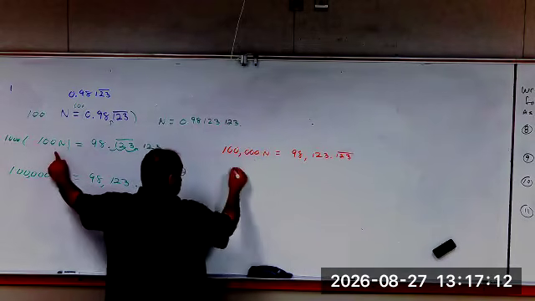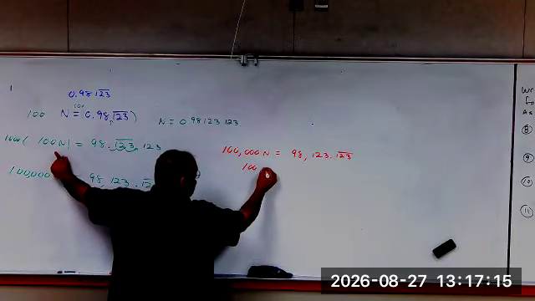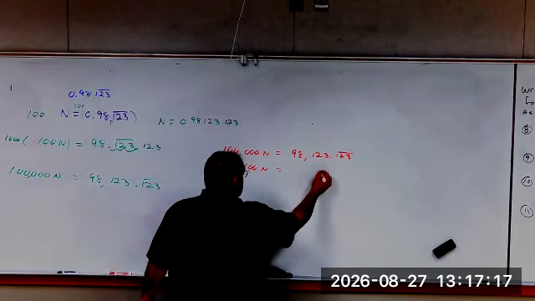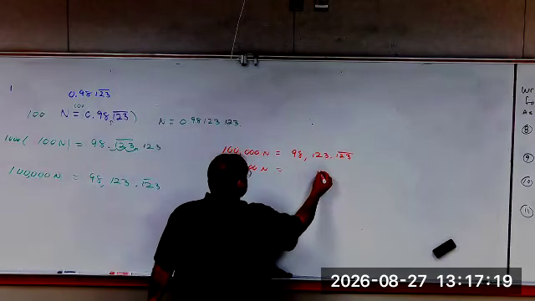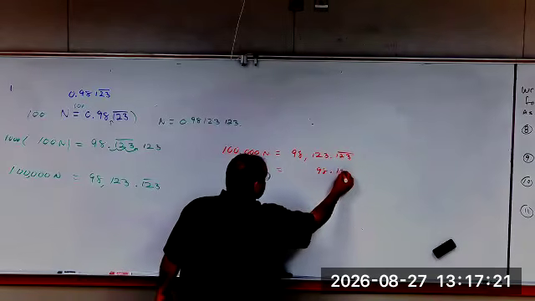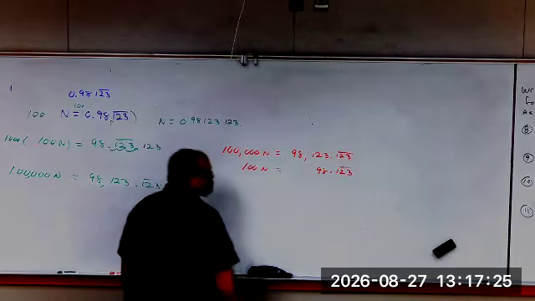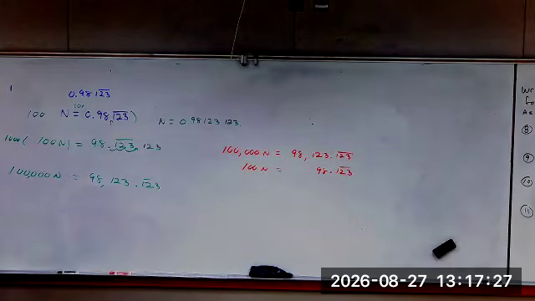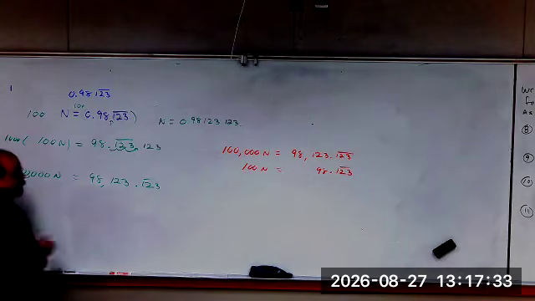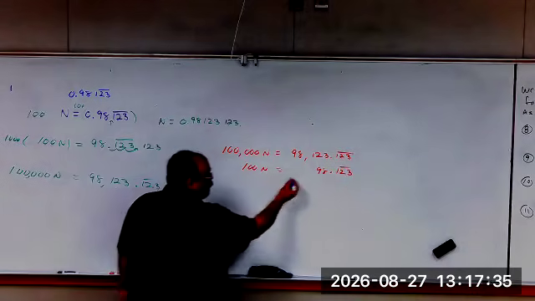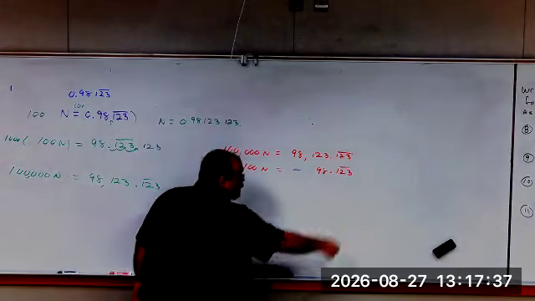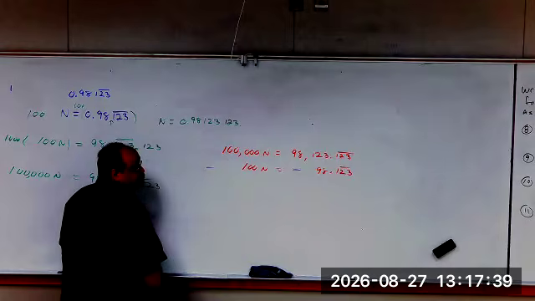And I have 100n equal to 98.123 repeating. So now when I subtract, the repeating decimal is going to cancel out.